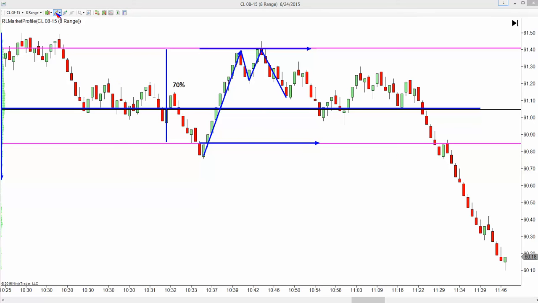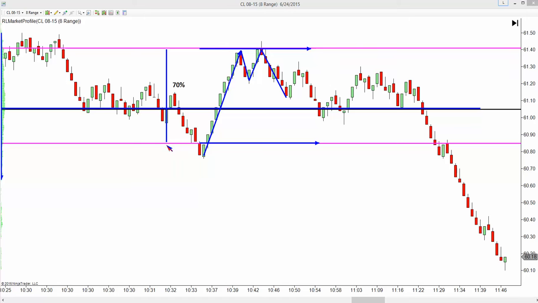Price desperately wants to remain within that 70%. And when you start getting to the value area high, you reach an area of upside resistance. If you break the value area high, retrace back to it, you can take a continuation long.